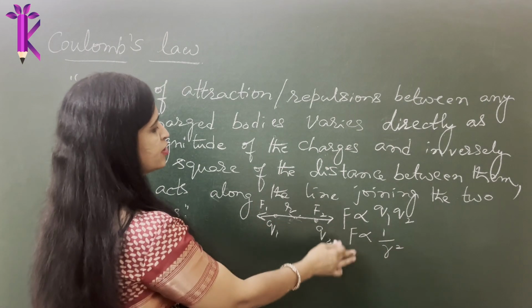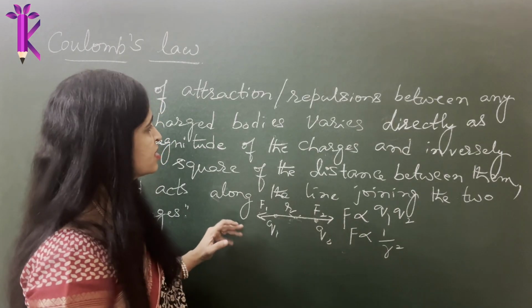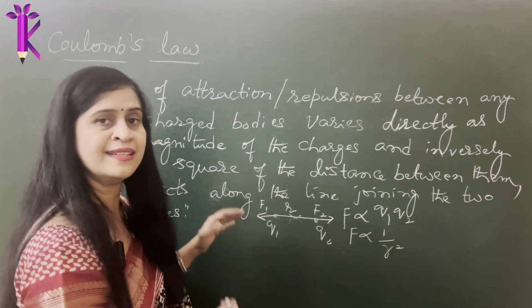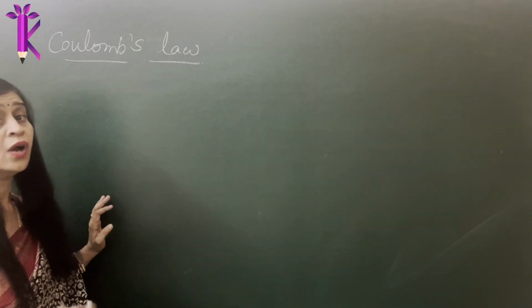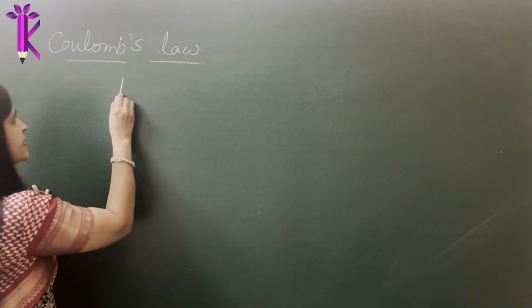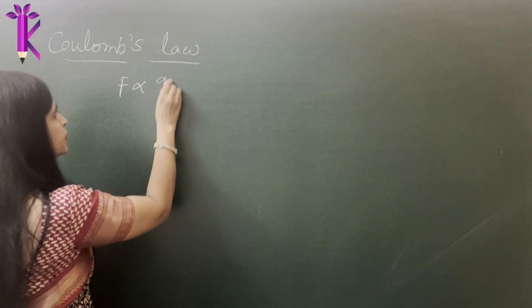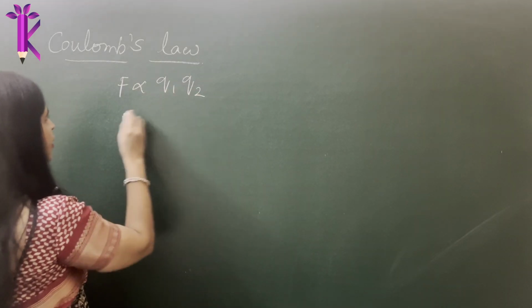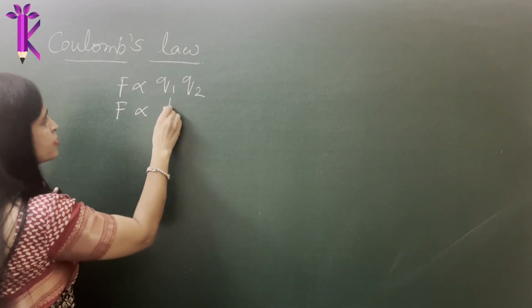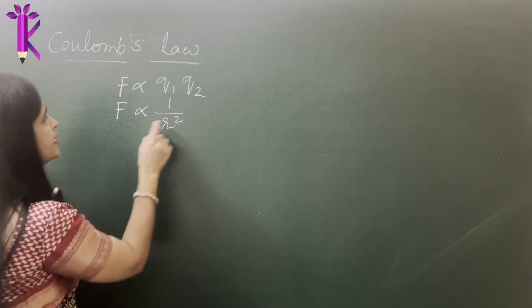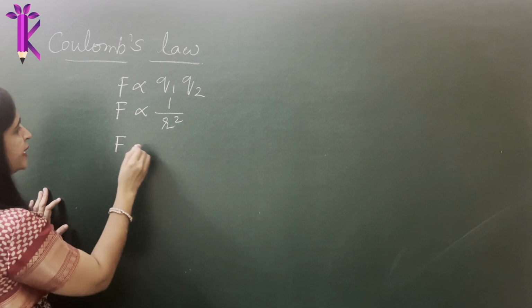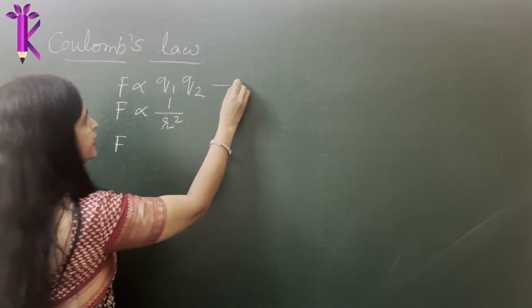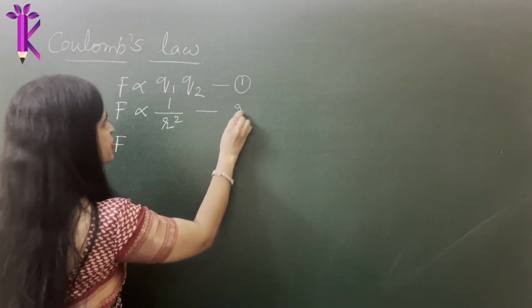Now if you introduce a constant, I told you it's Coulomb's constant, so I will erase it and rewrite it. I hope this part is clear. So we will rewrite it as F is proportional to Q1 Q2, the product of the magnitude of the charges, and also inversely proportional to the square of the distance between the charges. You can call this equation 1 and this equation 2.